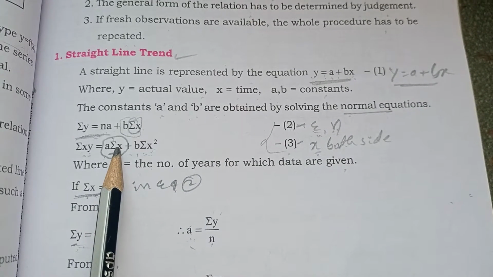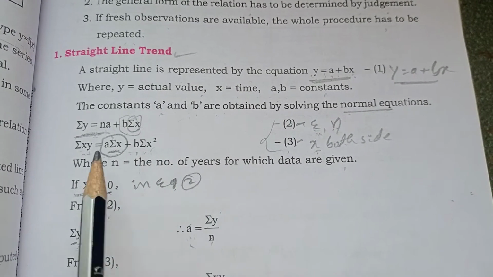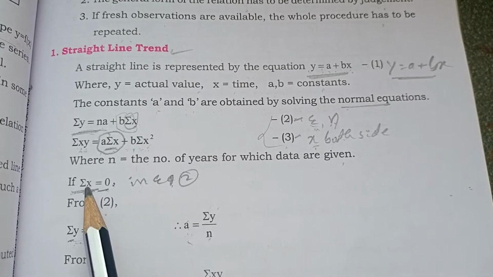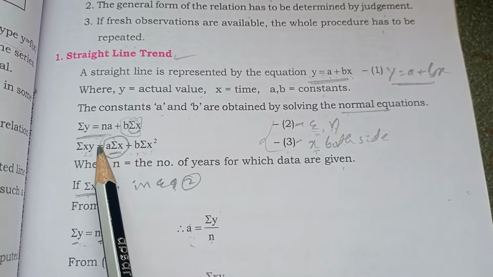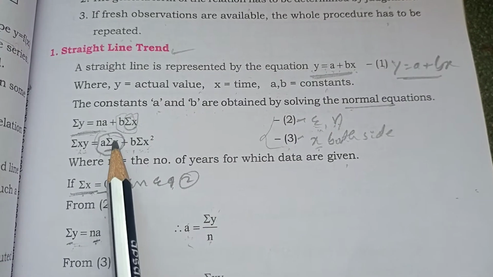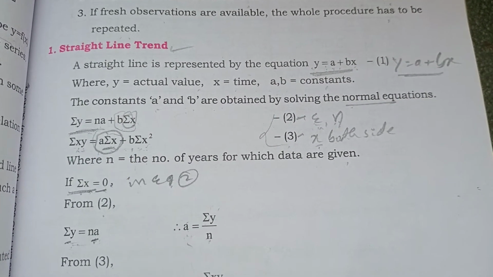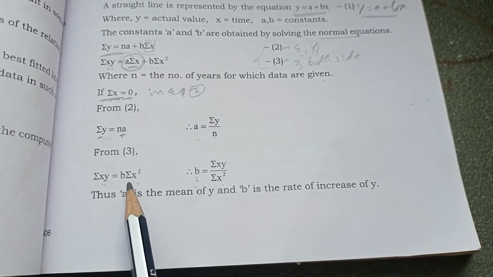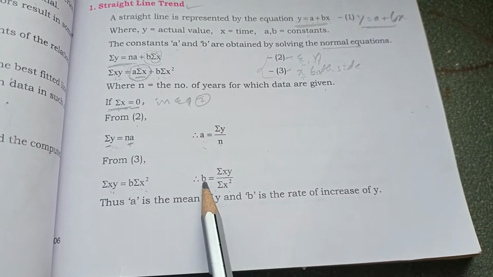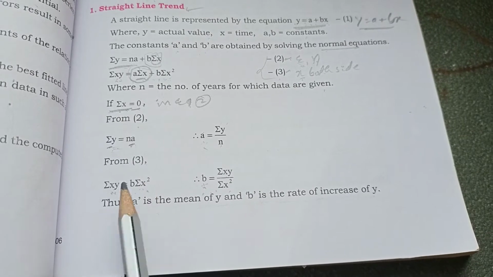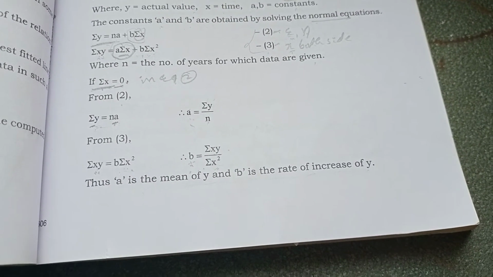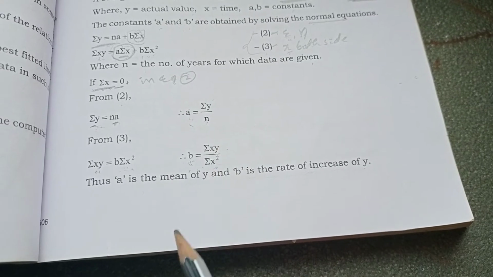Put sigma x in equation 3. So sigma xy as it is, a sigma x, it means sigma x is 0, so it will become complete 0, 0 into a is 0. So sigma b x square. What I required is b. So b is equal to sigma xy divided by sigma x square.